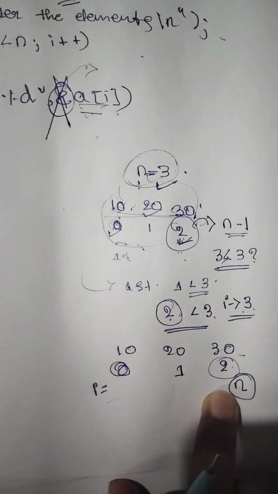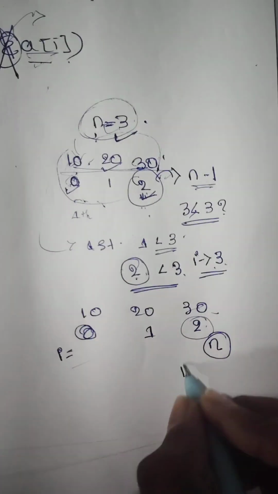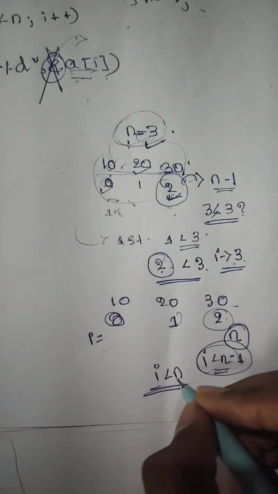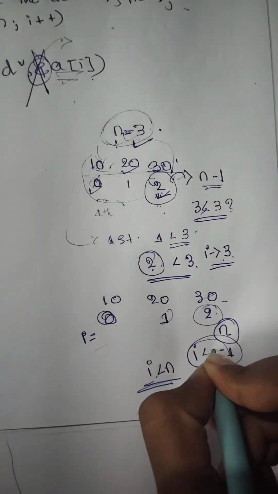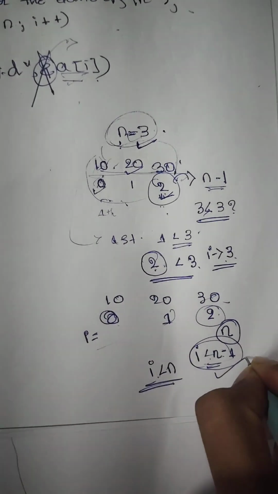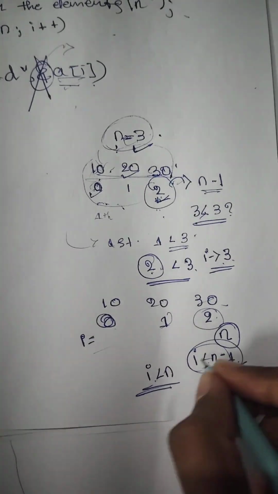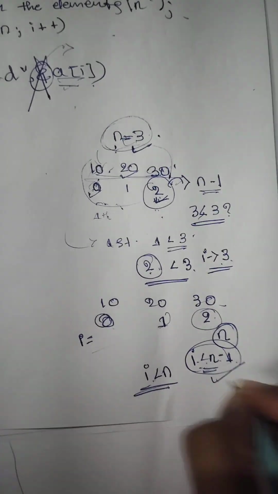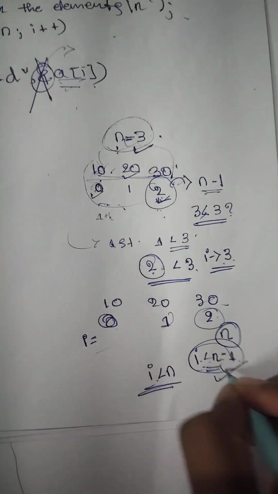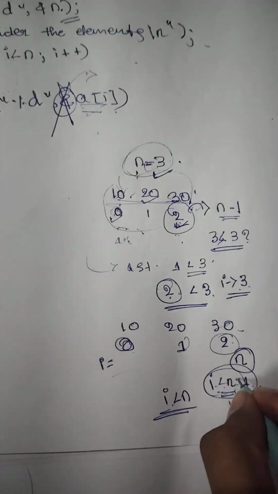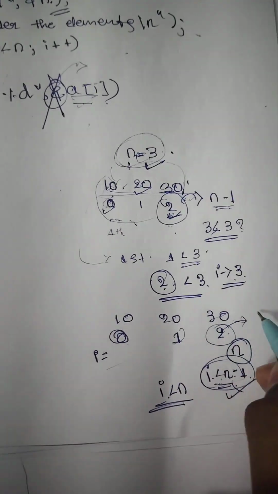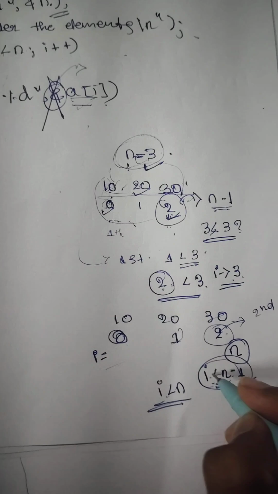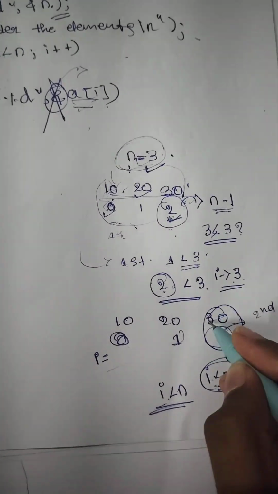So while displaying, what you will do is you set I less than n. You could also have set the condition as I less than n minus 1, but the reason we can't set the condition as n minus 1 is because it doesn't cover the last position. As you can see, n minus 1 is the 2nd position, right? If I set the I condition as n minus 1, then this will be skipped.